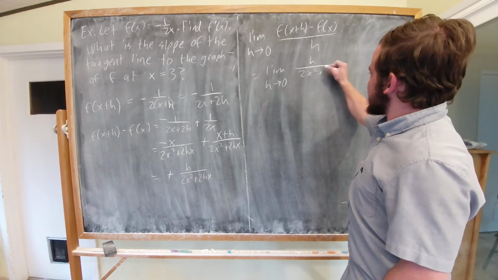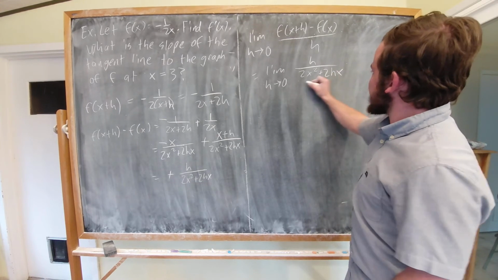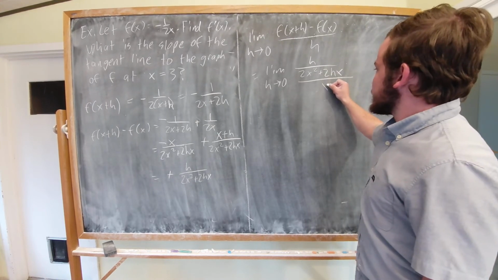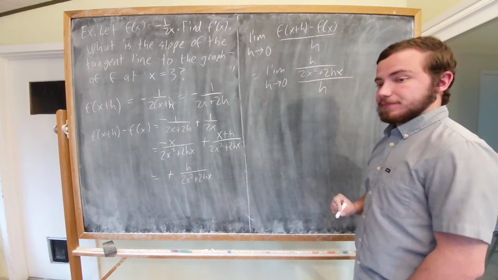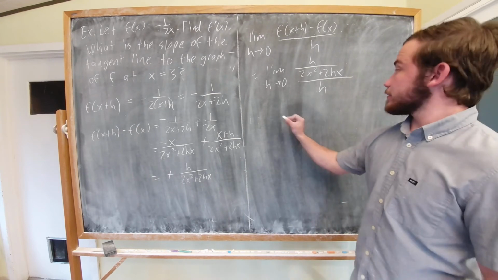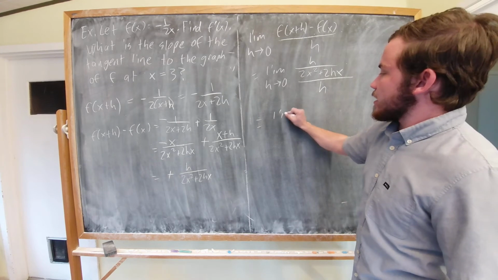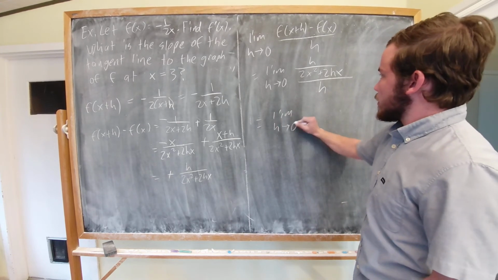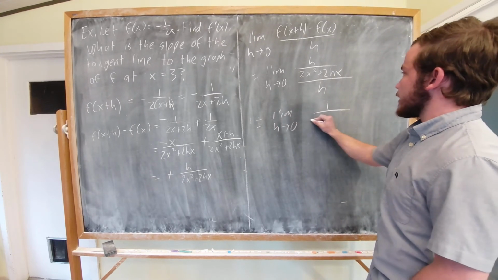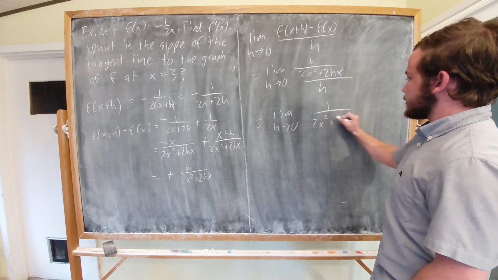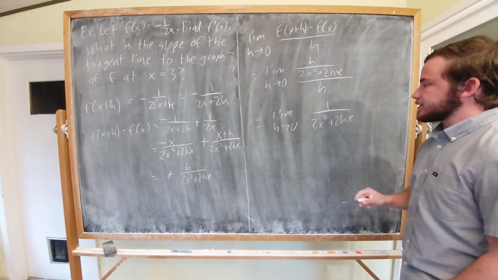Okay, now computing this limit gives us that the limit as h goes to 0 of h over 2x squared plus 2hx, divided by h, excuse me. Alright, we take that and simplify using our fraction laws. This is the limit as h goes to 0 of 1 divided by 2x squared plus 2hx.